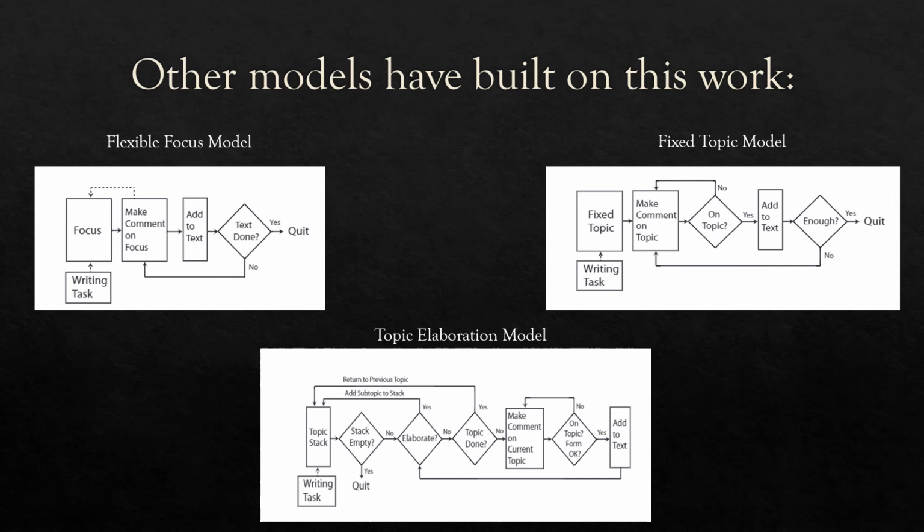So what was so special about going to camp for the first time? Add to the text. Some exciting thing happened, whatever. The text isn't done, go back to make another comment on the focus, add to it, and then be done. So this is really what we do as like a 5-paragraph essay type of thing with young writers.